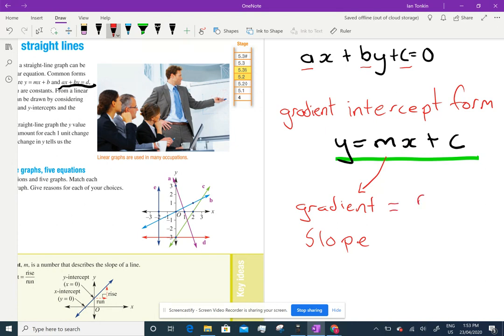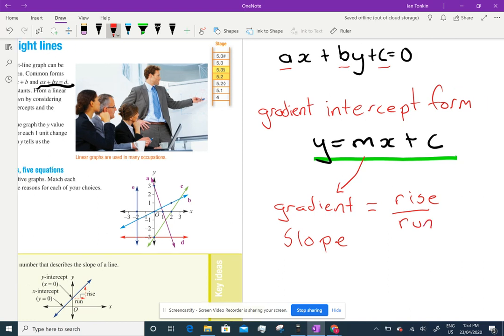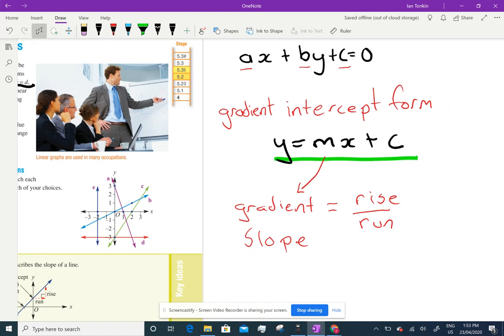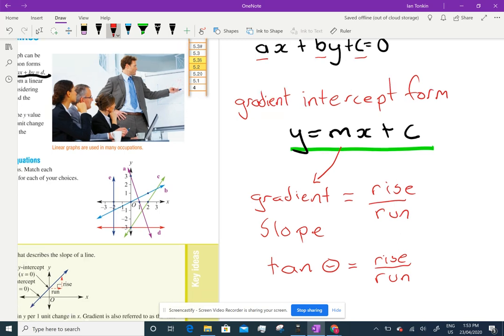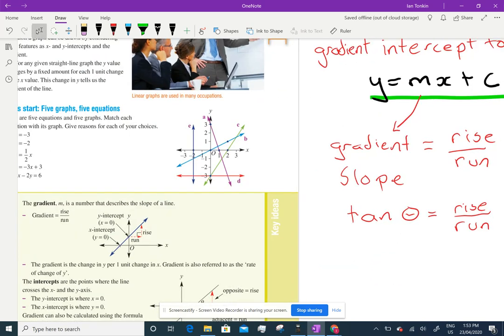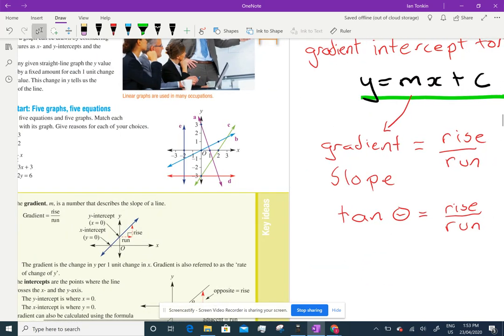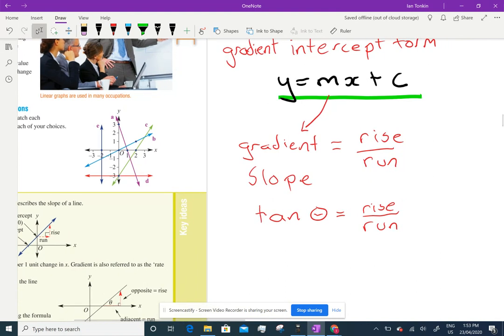The gradient equals the rise over the run. So it can be written as a fraction, a decimal, or percentage, or even a ratio. Or you can find it because tan theta equals rise over run when we're looking at it from left to right. So you can actually find the angle that it'll make by going inverse tan of whatever the gradient is.